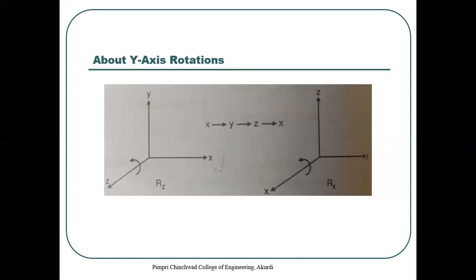Now rotation about a y-axis. Okay, so to form again a transformation matrix for rotation about a y-axis, we are again making use of the transformation matrix of rotation about the x-axis with the cyclic permutations.